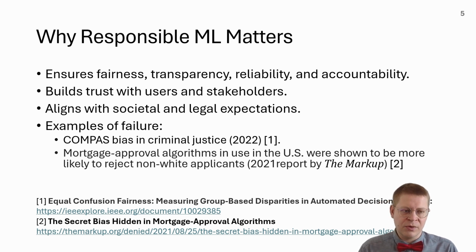Similarly, mortgage approval algorithms were found to disproportionately reject some applicants, as reported by The Markup. And these examples remind us of the real world harm caused by unaccountable AI.